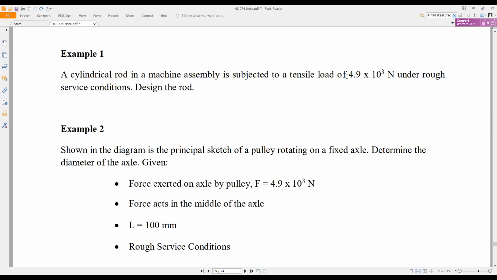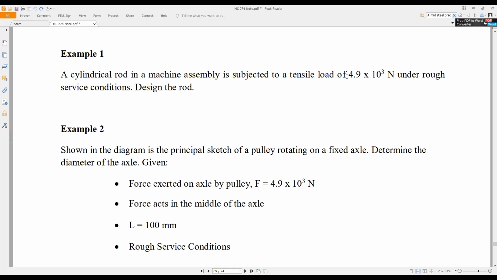Since this is a cylindrical rod, the cross-sectional area is the area of a circle, and the only unknown will be the diameter of the rod. We don't want the stress in the material to exceed the allowable stress.